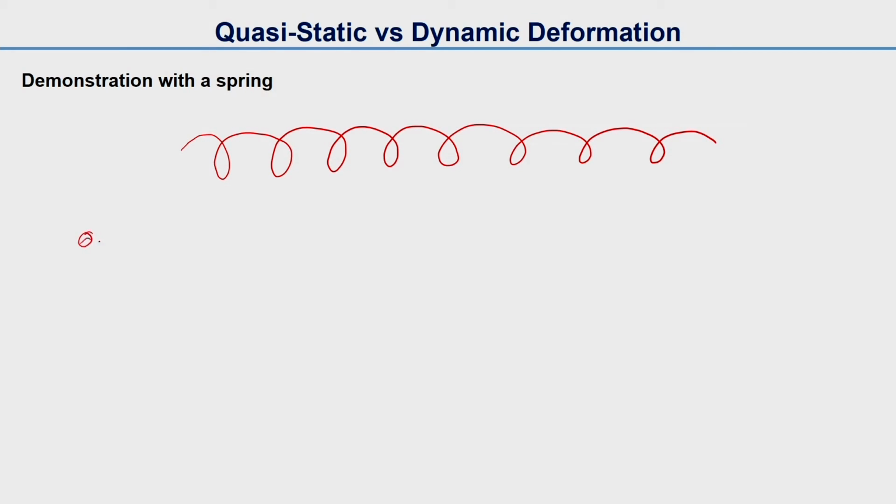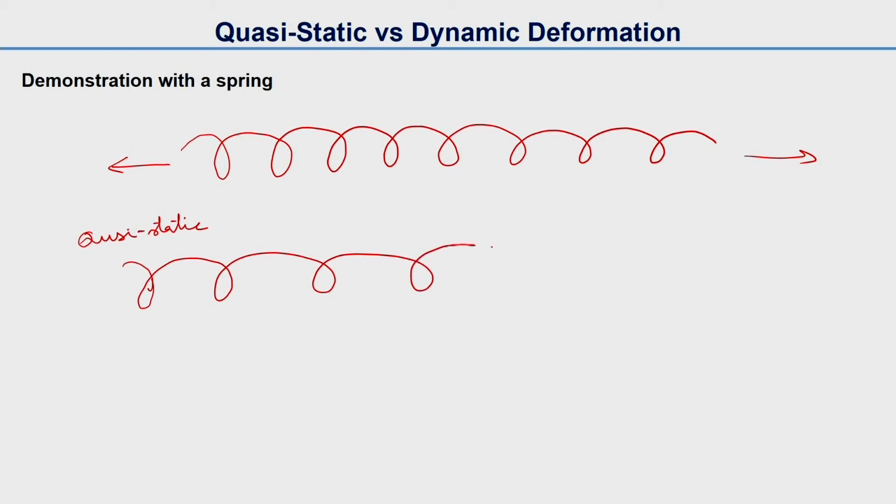If we consider a quasi-static case and give a tensile load, we will see that the coils of the spring have identical extension.